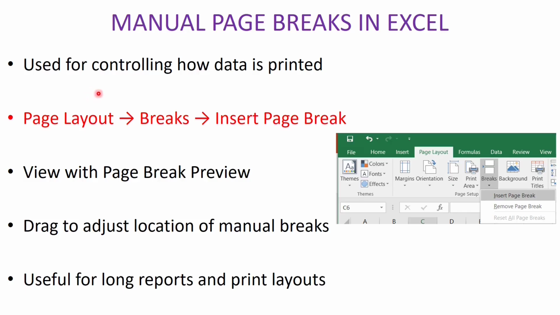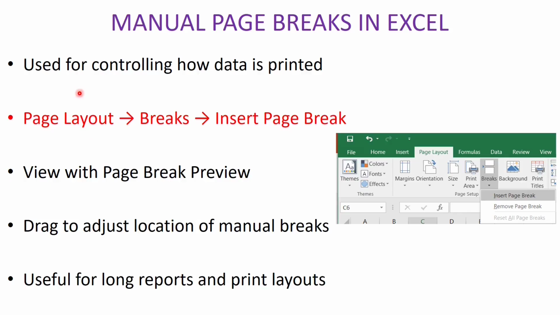Sometimes when we prepare a spreadsheet for printing, Excel automatically decides where to split the data onto the next page. While this is fine in many cases, it can be a problem for long tables or reports, especially if you want to control exactly how the printed pages look. This is where a manual page break is useful.